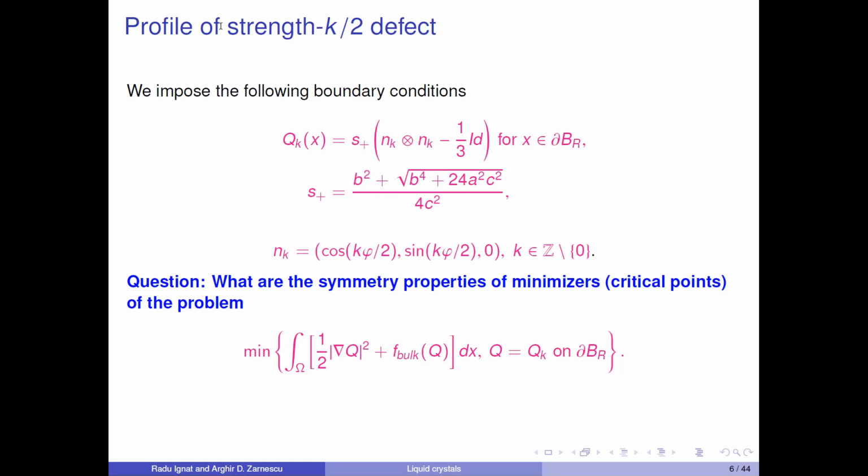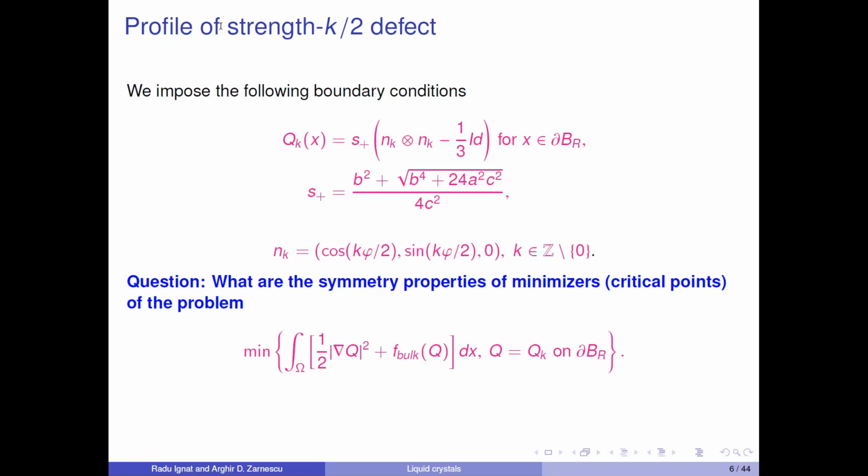Why do you put this S plus? Because if you put S plus like this, with a unit vector, these will be at the minimum of the bulk potential. So this is precisely the constant that ensures that these kinds of matrices are at the minimum of this.